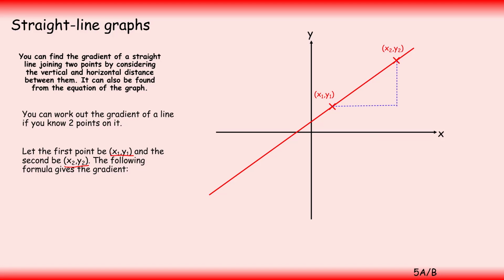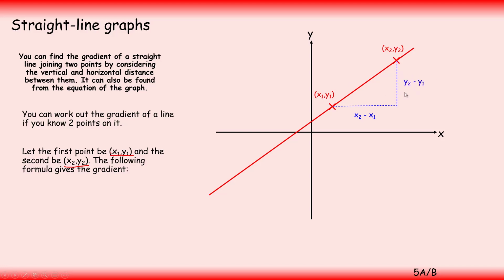Now to find the gradient, we look for the rise divided by the run. Okay. Now this distance here, which we call the run, is the difference between x2 and x1. And the distance here is the difference between y2 and y1.